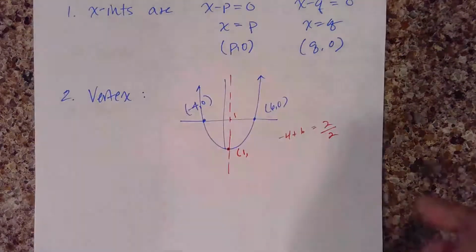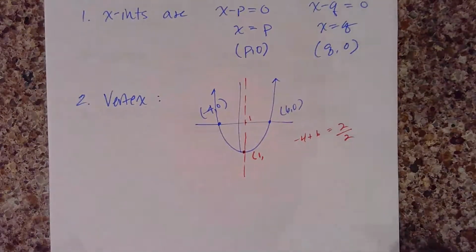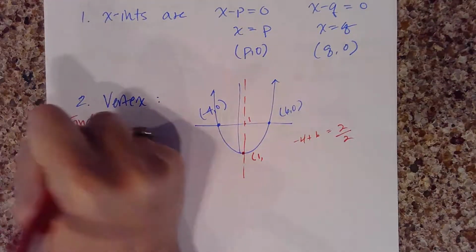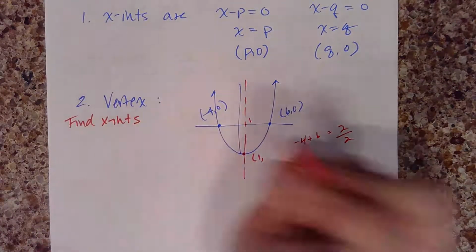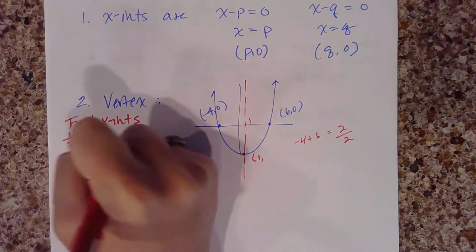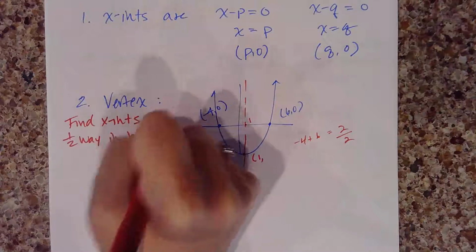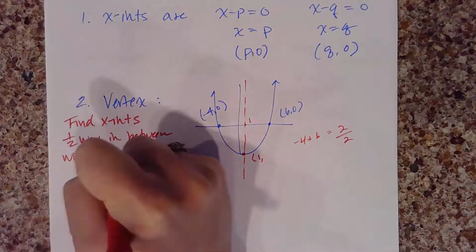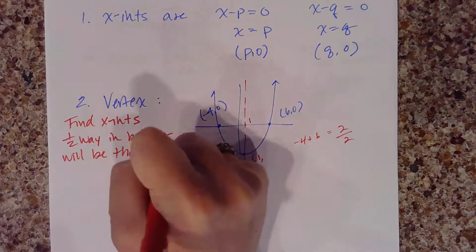So what I would call for directions, if you want to write this in words, would say: find x-intercepts, and then halfway between will be the x value of your vertex.